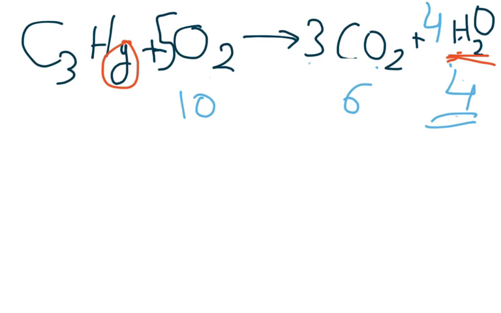Well, in CO2 there are no hydrogens. There's nothing here that indicates hydrogens are being released. The only way to know how much hydrogen we have is by using H2O, because we only have 2 products and one of them has hydrogen.